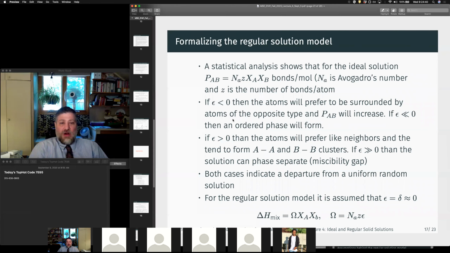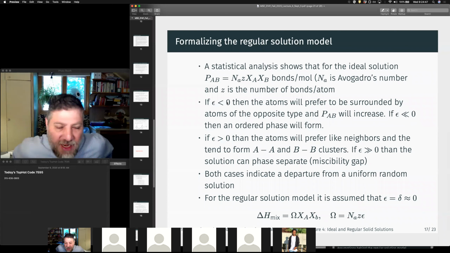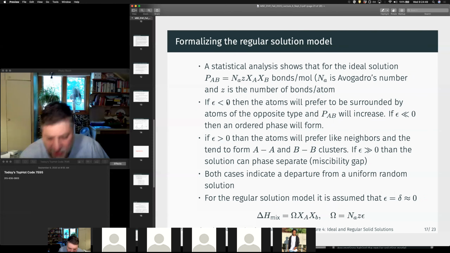Okay, so what does this mean if our epsilon deviates from 0, meaning that we have an asymmetry in our bond energies? If epsilon is less than 0, then atoms are going to prefer to be surrounded by or near atoms of an opposite type, and the number of AB bonds, P_AB, is going to increase.